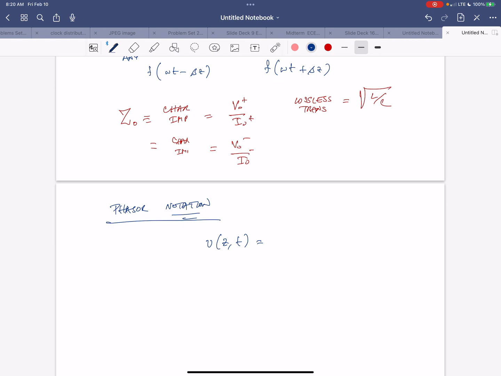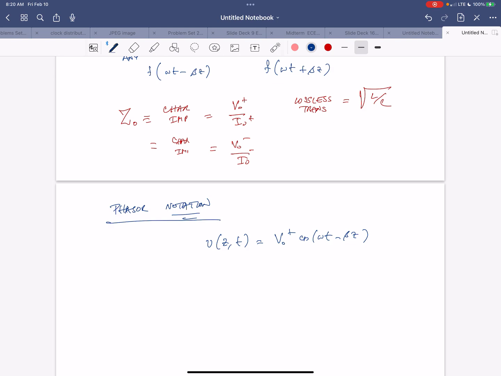Let's see, where is my phasor notation? Okay, so let's say it's in the form V0 plus cosine of omega t minus beta z. And say that's the waveform I've launched into this thing.